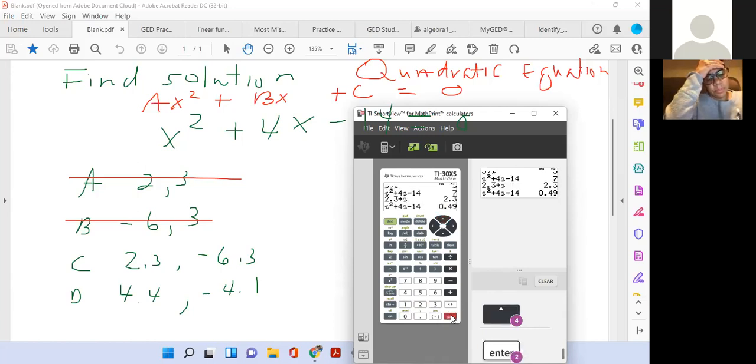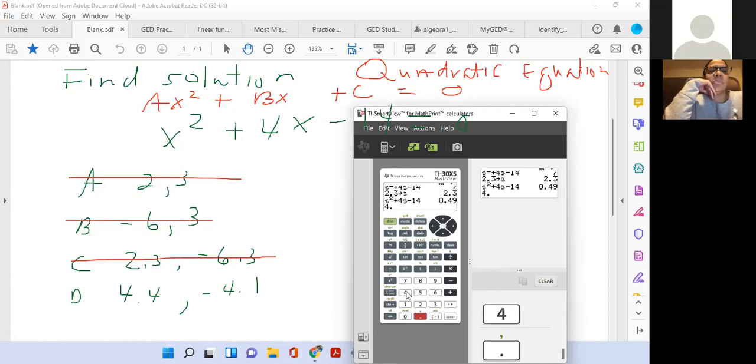Press enter. Definitely can't be 2.3. Now let's go to our last option here, 4.4. 4.4, store X. Then go back up to our formula. And none of these work.